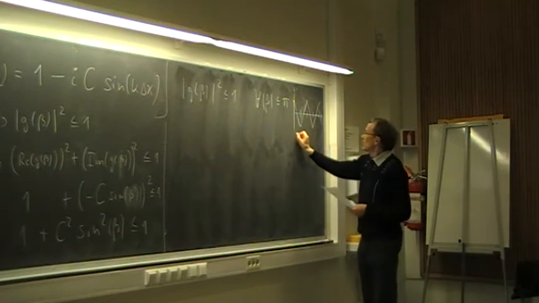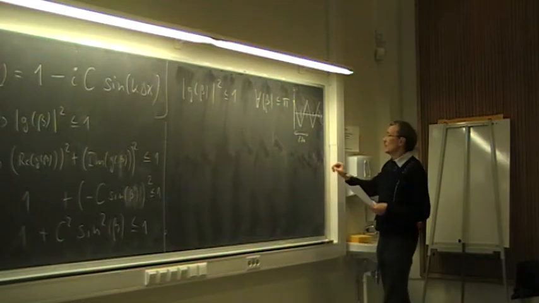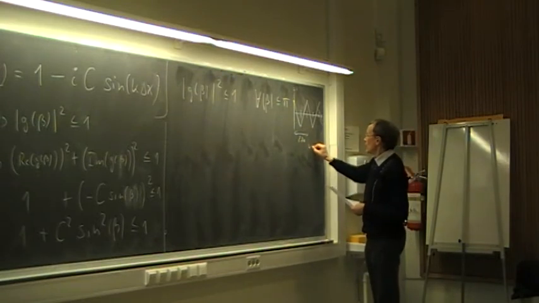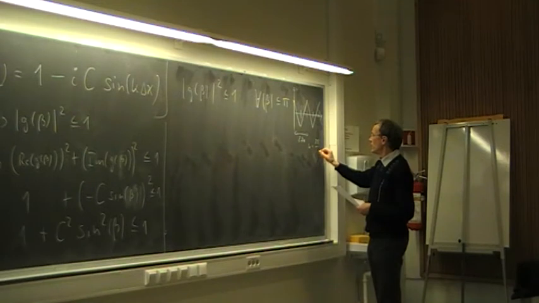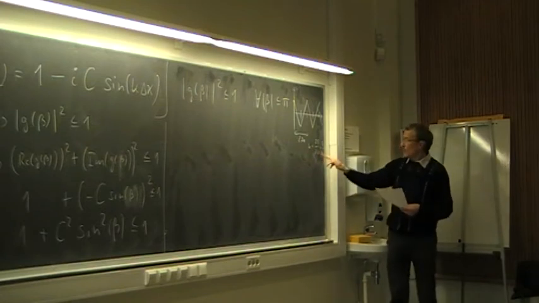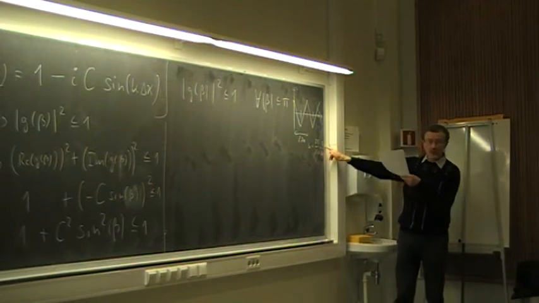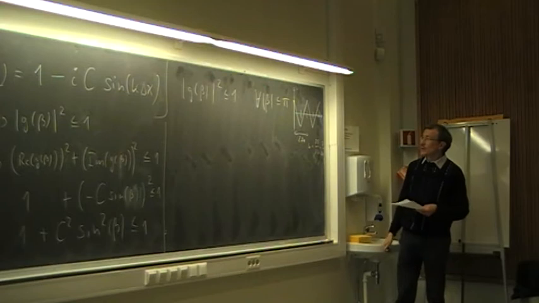You see that the wavelength of that is 2 delta x. So then the wave number is 2 pi divided by 2 delta x, which is pi over delta x. So that means that the k max is pi. The beta max is then pi. That is the largest wave number that we can represent on the grid.